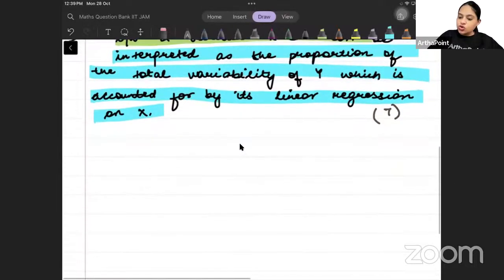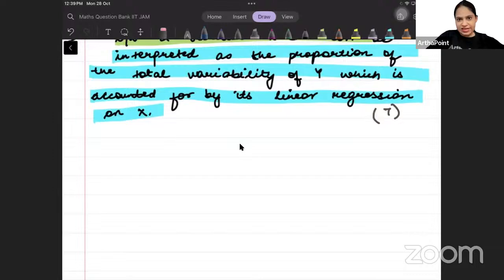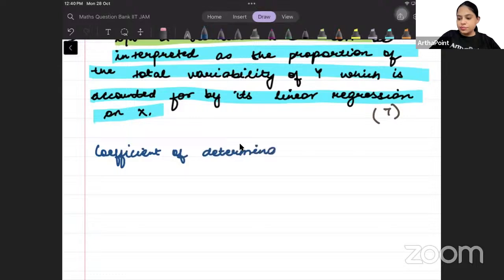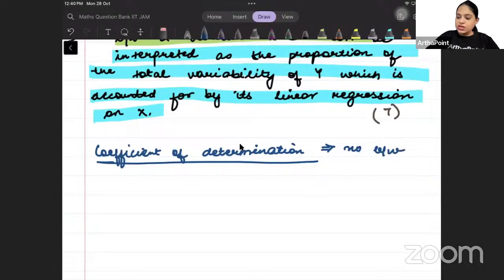अच्छा. So now, just to help you revise, can you tell me what is the coefficient of determination? What is the coefficient of determination? It is basically a number between 0 and 1.